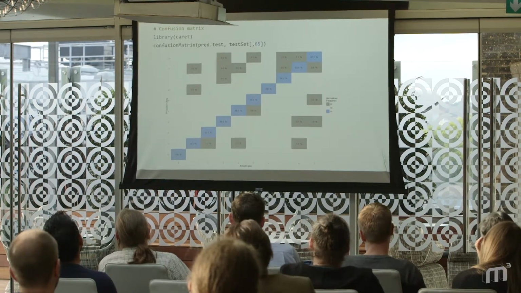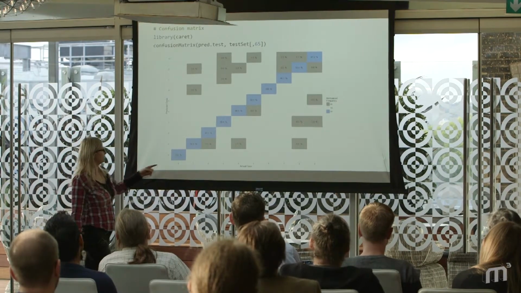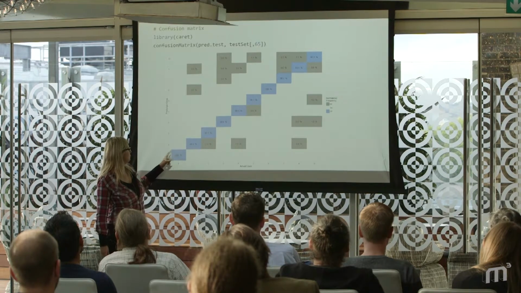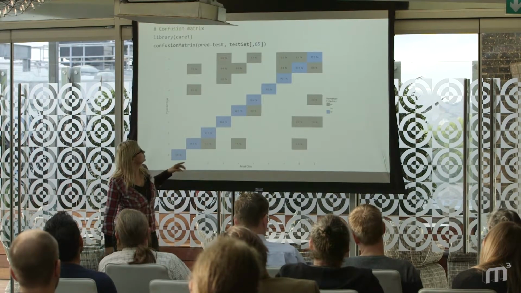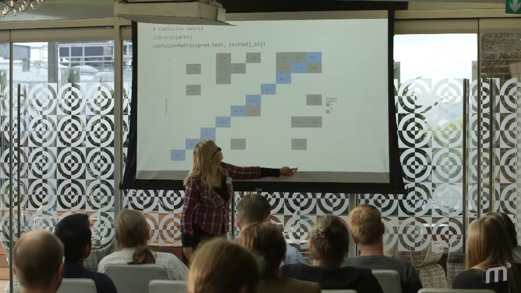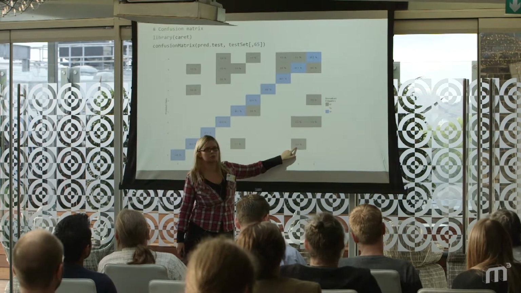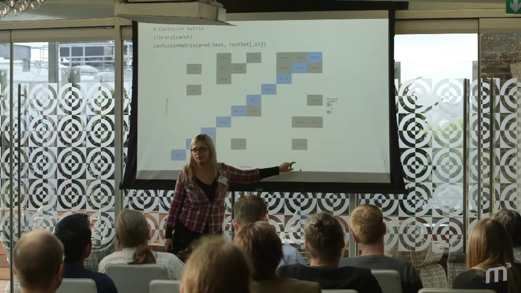And this is my confusion matrix. The confusion matrix tells you how many times and where you missed. So you can see for different digits, for 0, 100% right. I'm looking for something like 8. 8 was 93% right, and it was very often confused with 0.